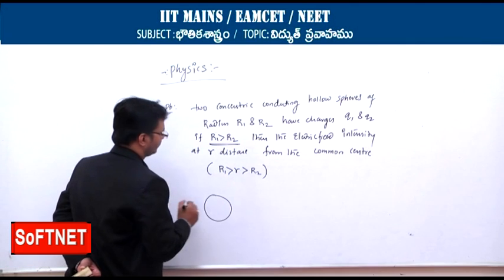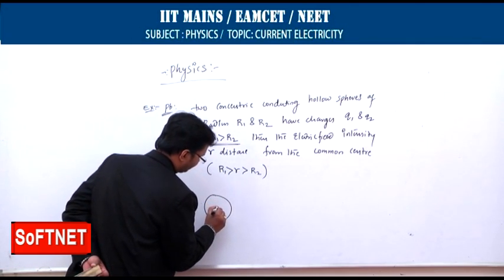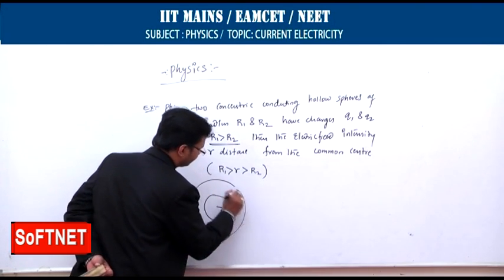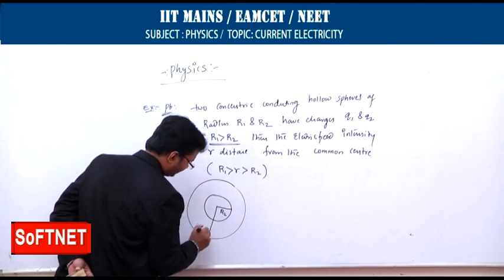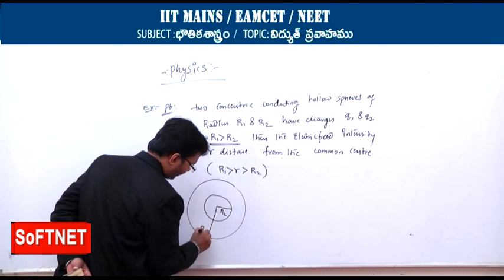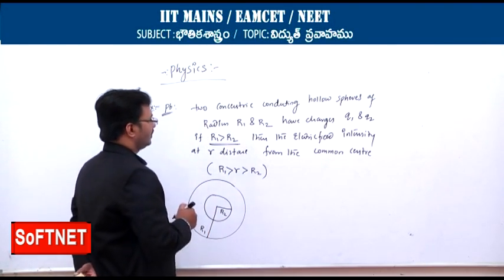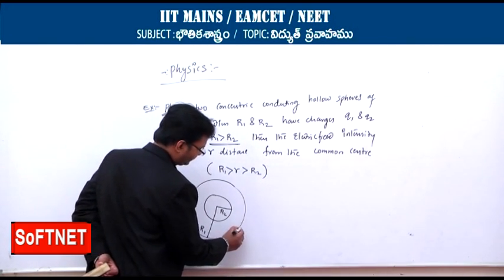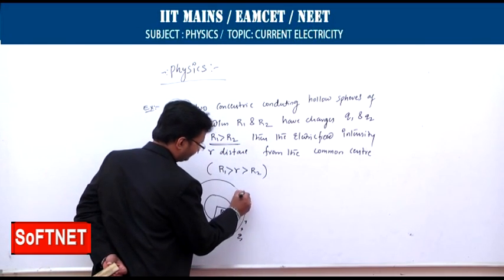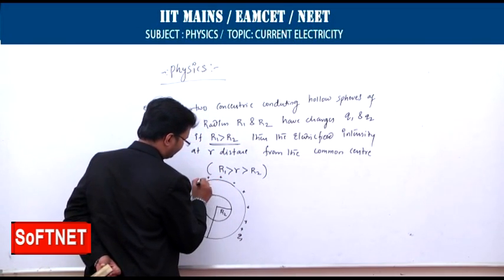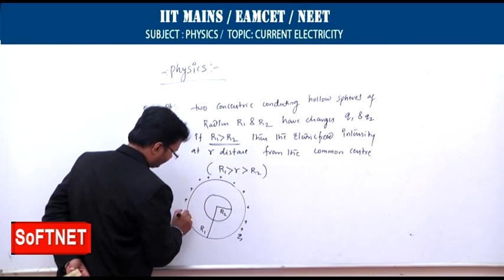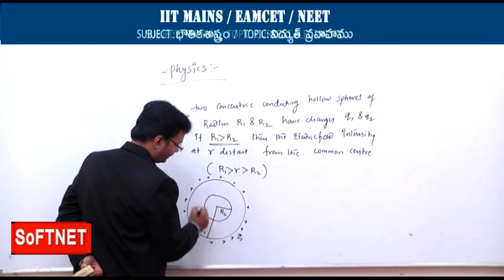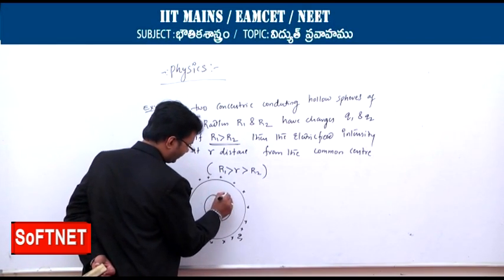This is one sphere whose radius is R2, and this is the other sphere whose radius is R1. This one is given Q1 charge, and this one is given Q2 charge.